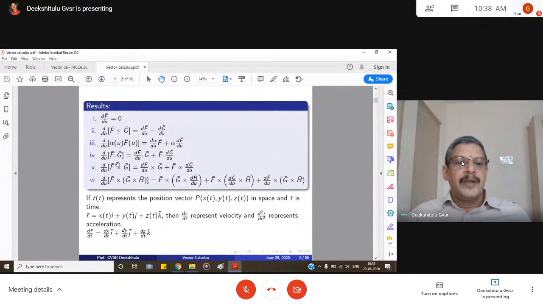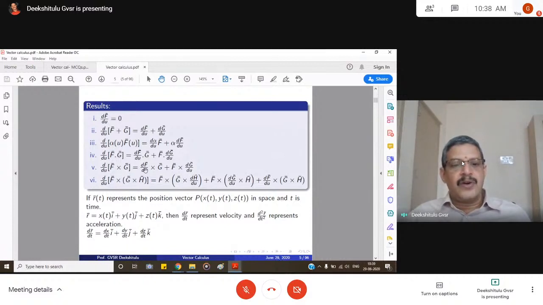But mind you, in the dot product, even if you don't mention the order, there is no loss. But in the cross product, you have to maintain the order. You cannot change the order. f comes first, g comes next. Here also on the right hand side, the derivative of f comes first: df by du cross g plus f cross dg by du.